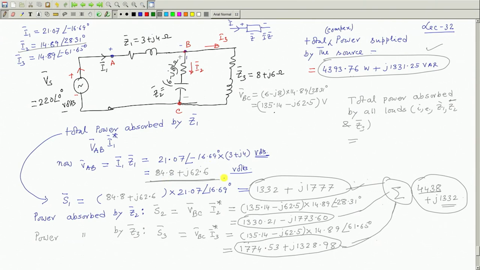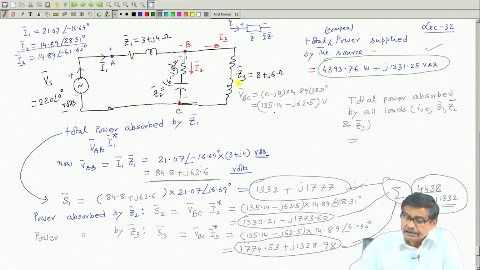So, you see what we have done, we have calculated the total power supplied by the source, both real and reactive, in one stroke, voltage into current star. Similarly, the same steps I have repeated to calculate the power absorbed by Z1, Z2, Z3.